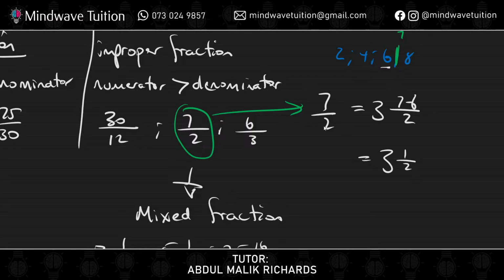So 7 over 2 as an improper fraction can be written as 3 and a half as a mixed fraction. And this is important, as some questions do ask you to write your answers as a mixed fraction, and we can also do the reverse of going from a mixed fraction to an improper fraction.